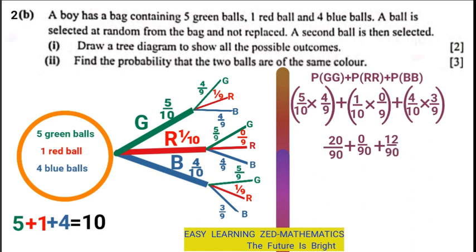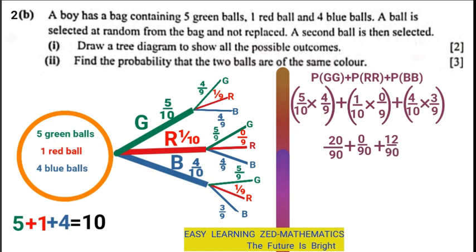Now I have come up with these three fractions: 20 over 90 plus 0 over 90 plus 12 over 90. As you can see, we have a common denominator, which is 90. So I'm going to keep one 90 as the common denominator.